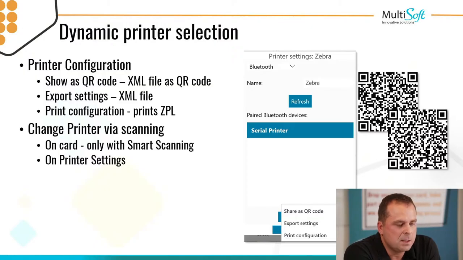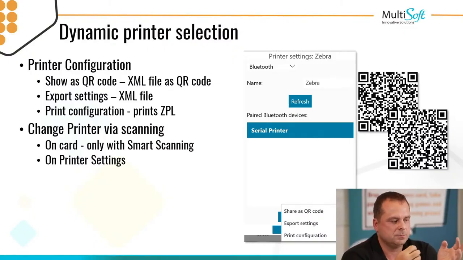Imagine a situation where you have a big warehouse, and at certain points or certain corners of the warehouse there are printers. And these printers are identical, so the same label size and same media and so on and so forth. But depending on where you are, you would like to use the closest printer possible.